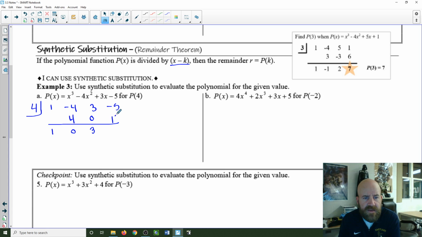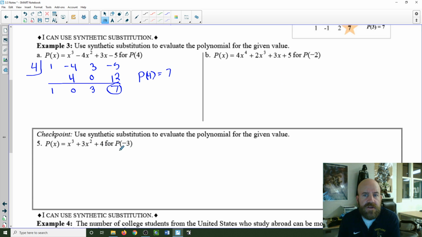So if we were to evaluate this function, the answer would be p of 4, evaluating our function at 4, we get a 7. So a coordinate would be 4, 7. X value is 4, y value is 7. All right, go ahead and try that checkpoint. I'll skip over that one.